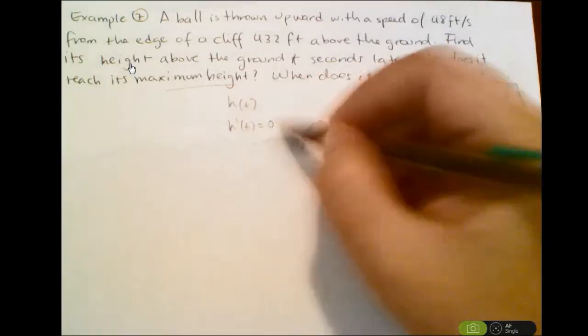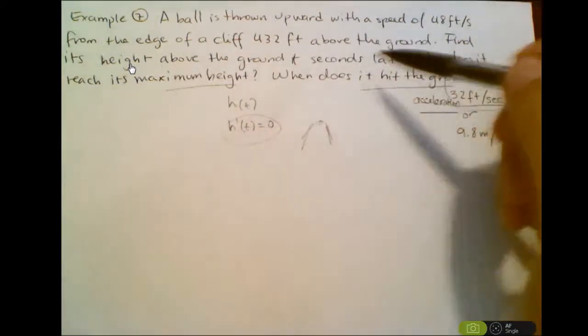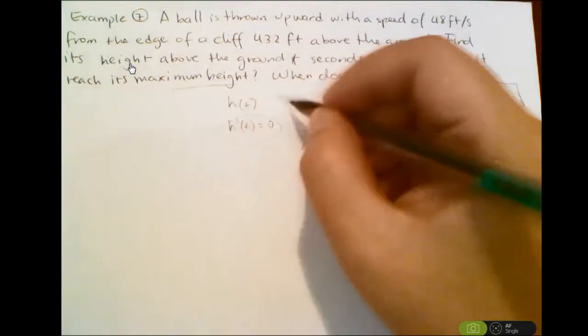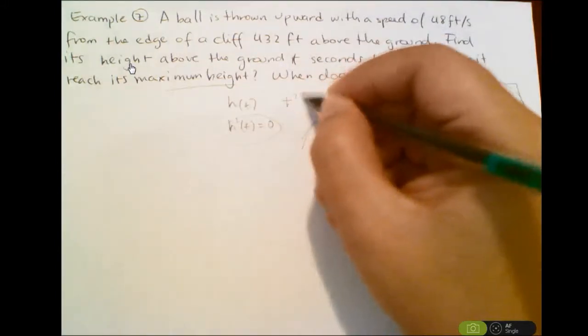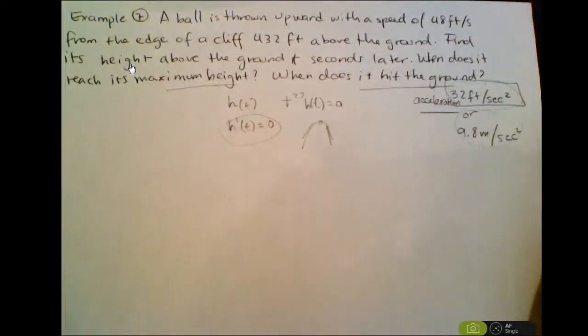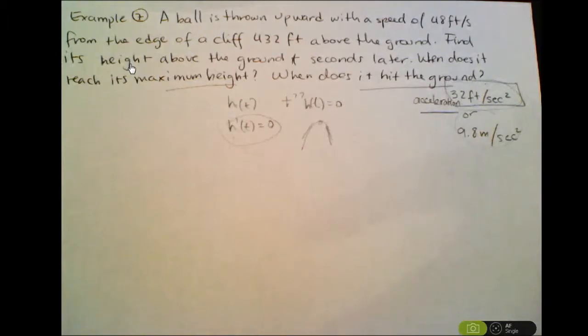If I know h, I can use h prime. And when it asks when it hits the ground, hitting the ground means the height is 0, so I want to know what t makes h of t equal 0. But none of this can be accomplished without knowing what h is.